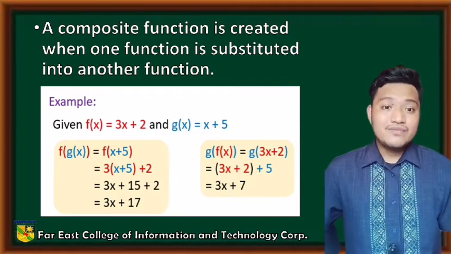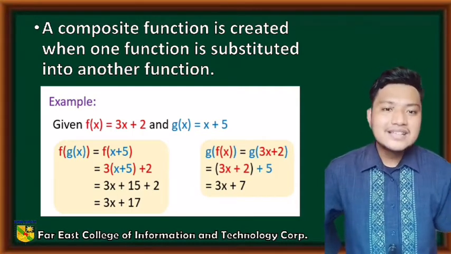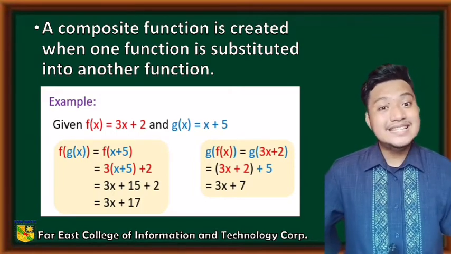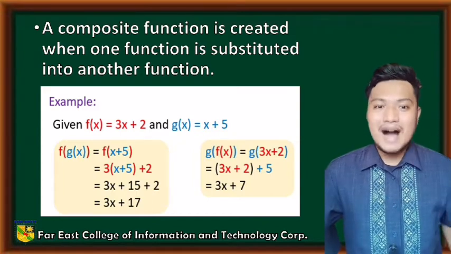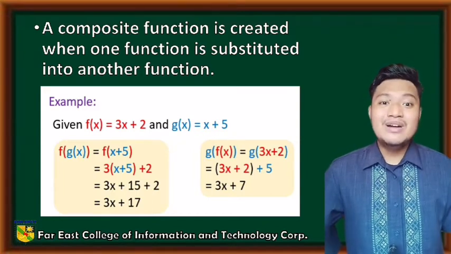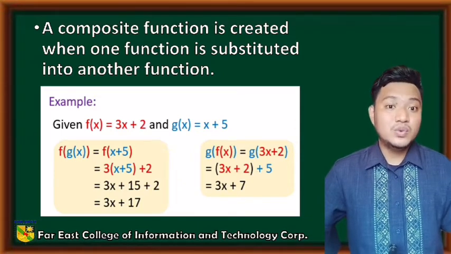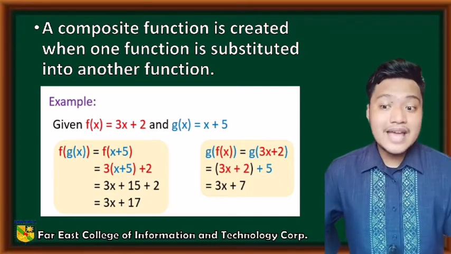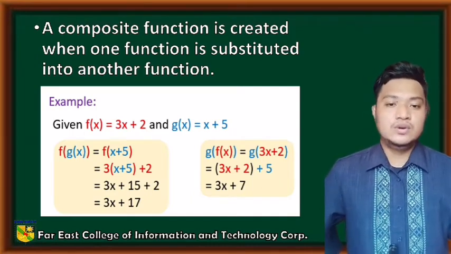So f of g of x is equal to f of x plus 5. The x plus 5 is the second function, which serves as the value of x in the first function. So it's equal to 3 times x plus 5, plus 2.